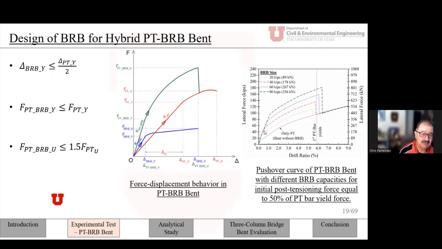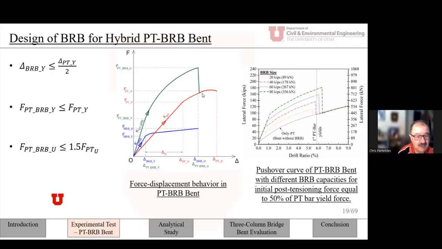One of the criteria is that the yield displacement of the BRB has to be small enough to start working before the post-tensioned columns start to work. So in this case, we decided to say that the yield displacement of the BRB, this line here, should be no more than half of the displacement of the post-tensioning at yield.